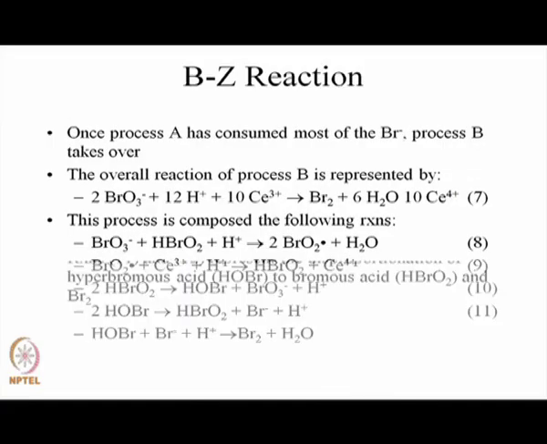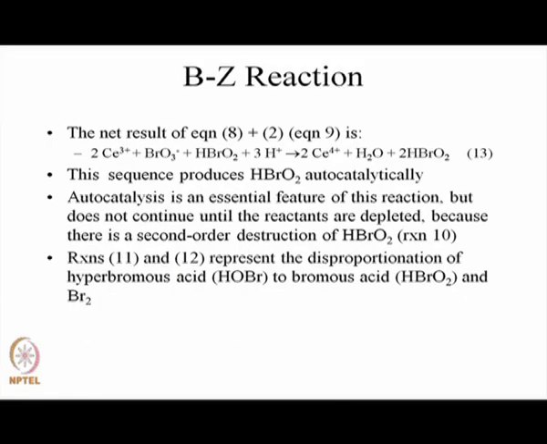Okay. So, the net result is, if we combine equations, we get 2 Ce3 plus BrO3 minus plus HBrO2 plus 3H plus giving rise to 2 ceric plus water plus HBrO2. Okay. So, this sequence produces HBrO2 autocatalytically. Okay.